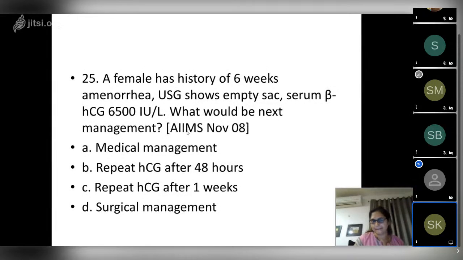Medical management, is it not? So this patient fits in the criteria for medical management definitely, though they have not mentioned any other features. But when there is a patient who is hemodynamically stable with all these features, that is 6 weeks gestational sac, empty uterus, and HCG is also on the lower side at 6,500, we can still go for medical management. So the answer for this will be medical management. Okay.